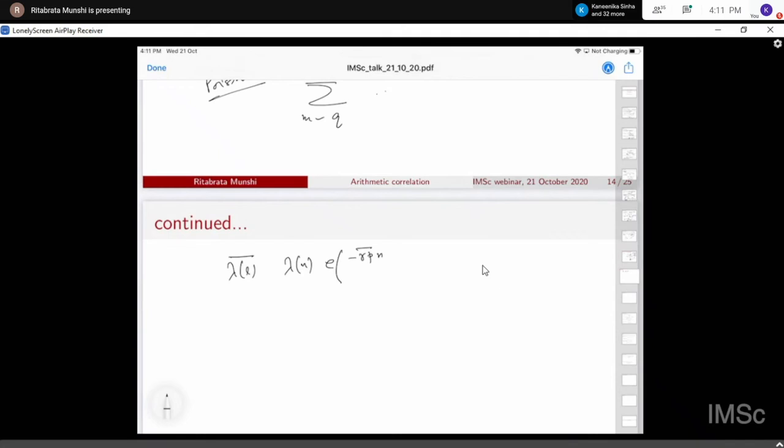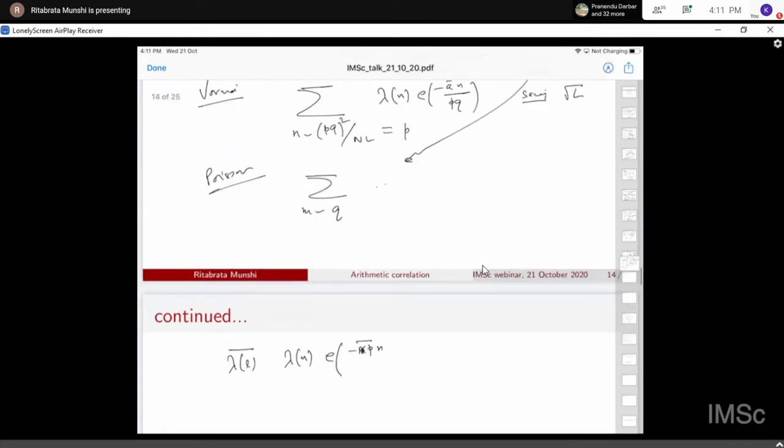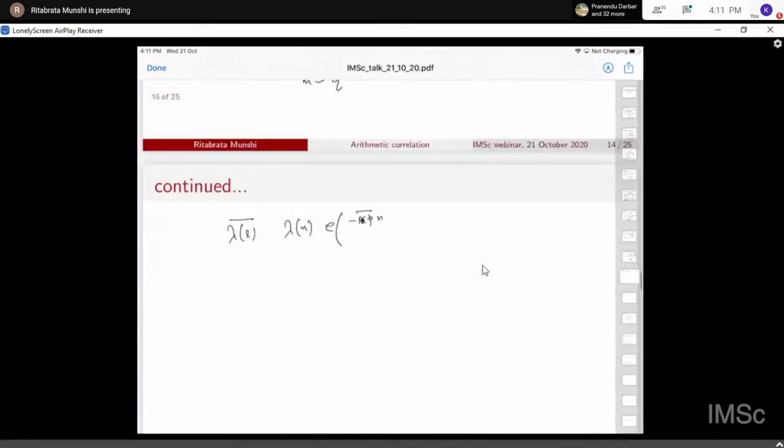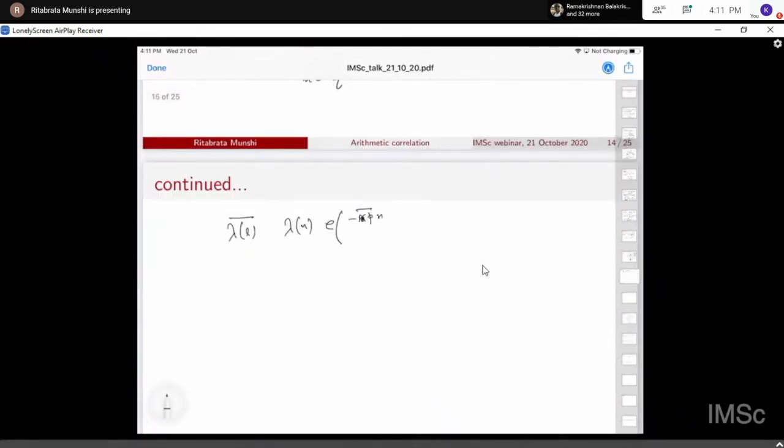What is R? R is M. Yes, I used M. So here we have a P M bar N L by Q. That's the part modulo Q, which is more or less like what we had before.